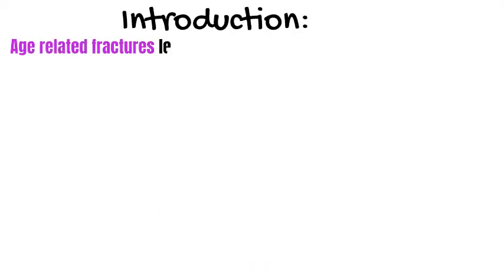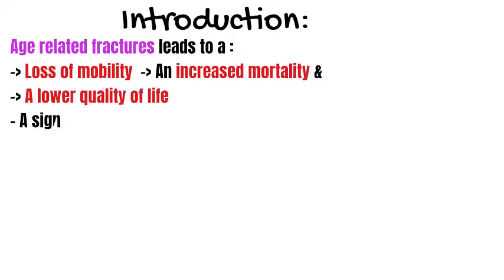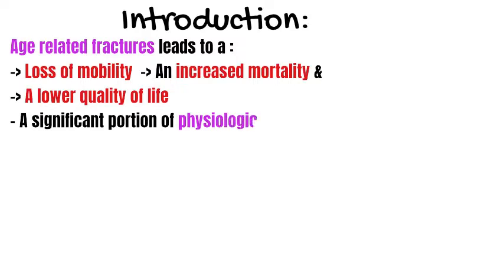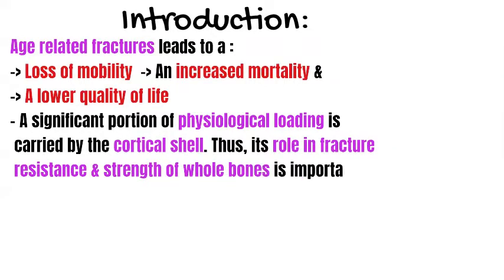As an introduction, age-related fracture leads to a loss of mobility, an increase in mortality, and a lower quality of life. A significant portion of physiological loading is carried by the cortical shell.